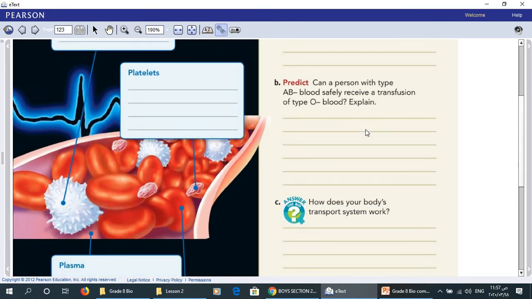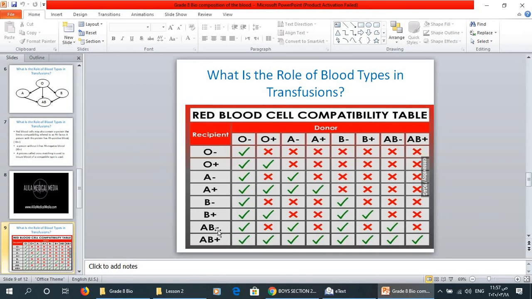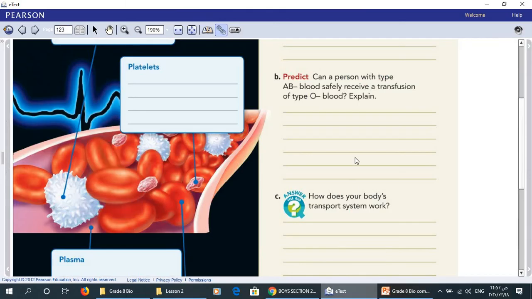Now, B. Can a person with type AB negative blood safely receive a transfusion of type O negative blood? Explain. Can AB receive blood from O? Of course, yes.